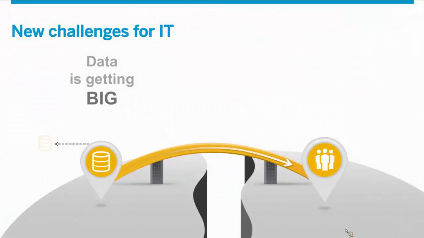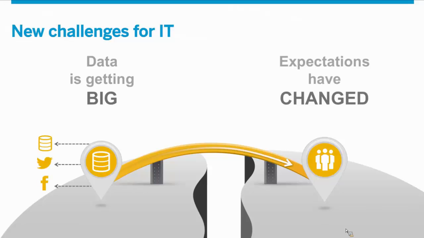So where are the challenges that IT is currently facing? Various data sources: classical relational, in-memory, Twitter, Facebook, social media topics. The challenge for IT is how to manage these data sources. But on the other side, the business has also changed.